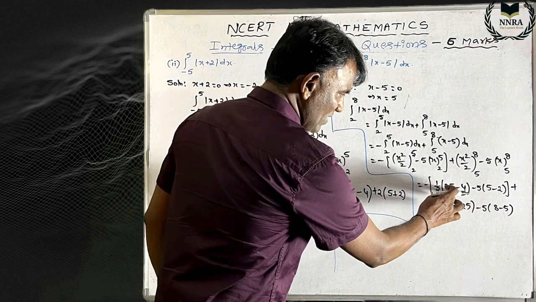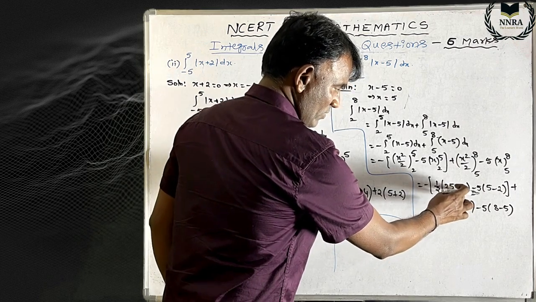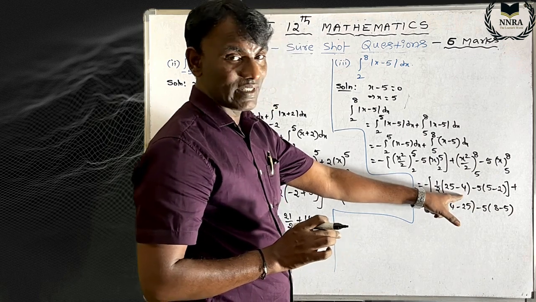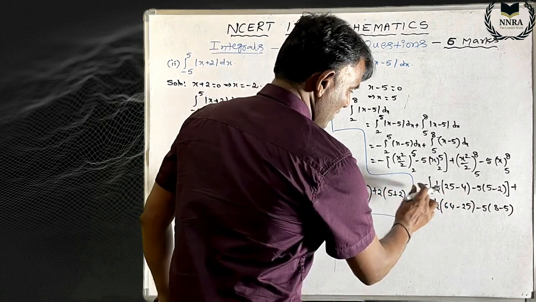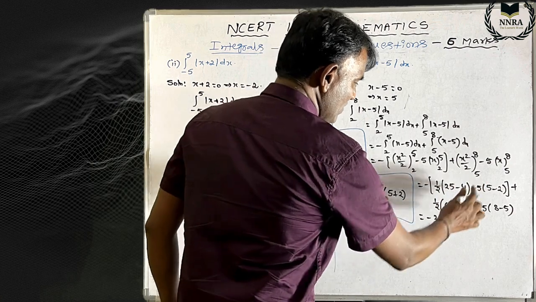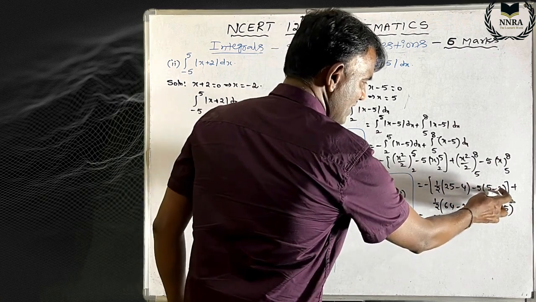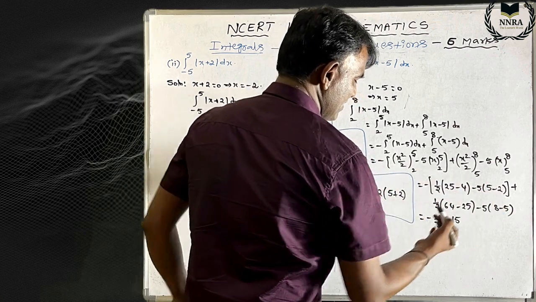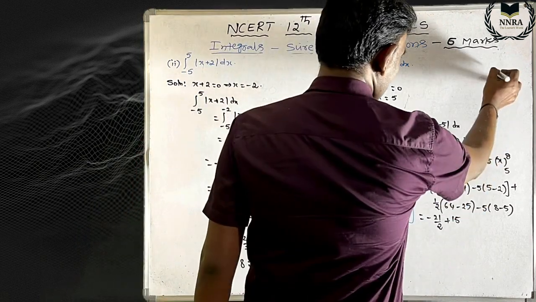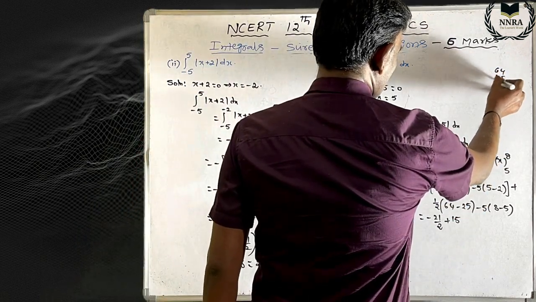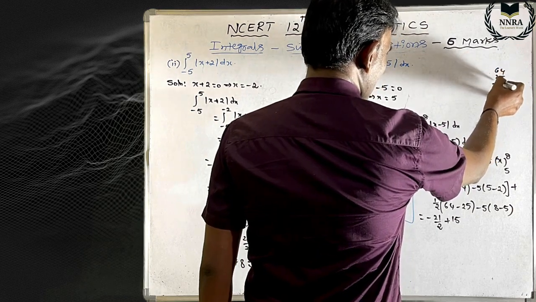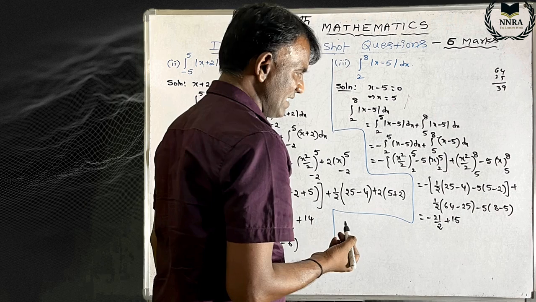So how much it is? 25 minus 4 is 21. 21 by 2, before minus. Minus 21 by 2. So minus into minus plus. So it is 3. 3 into 5 is 15. And coming to this 64 minus 25, how much? 39, right?